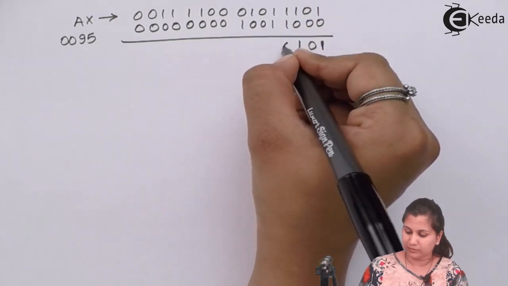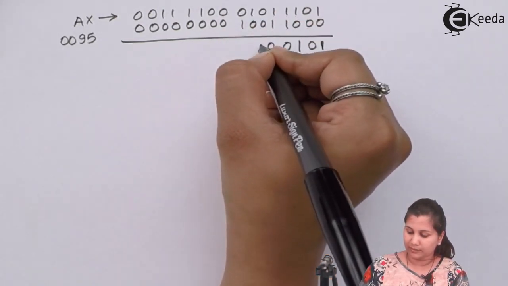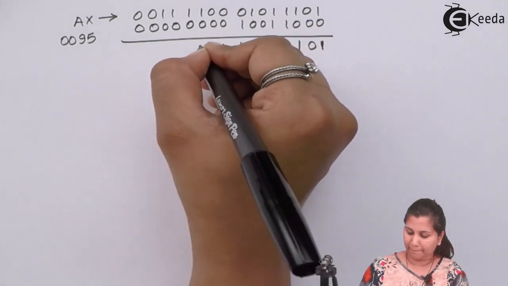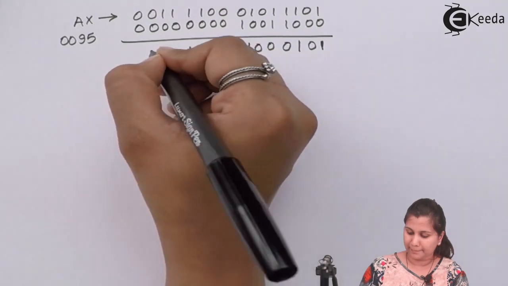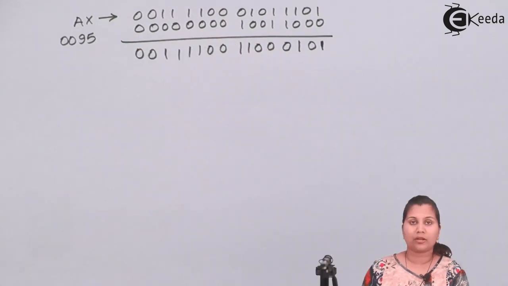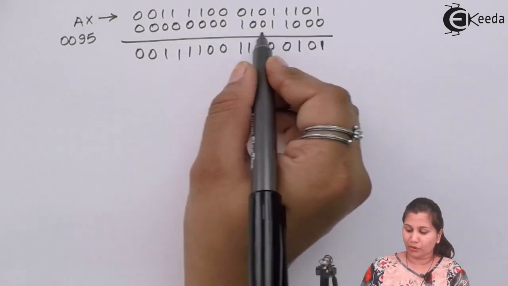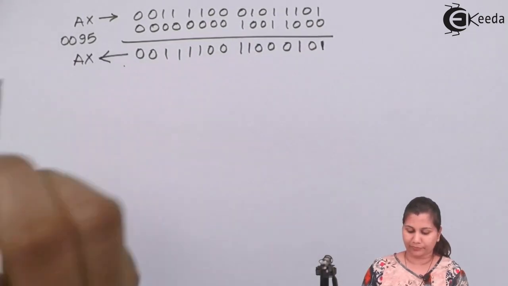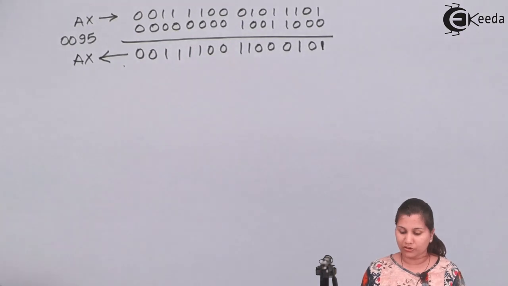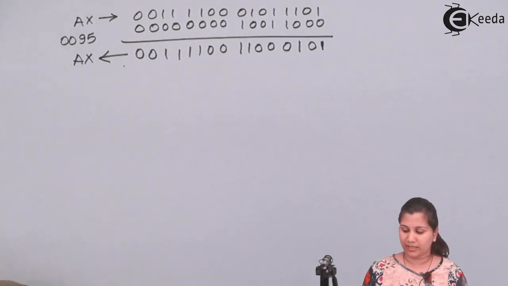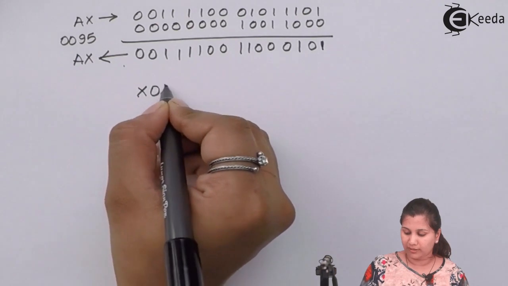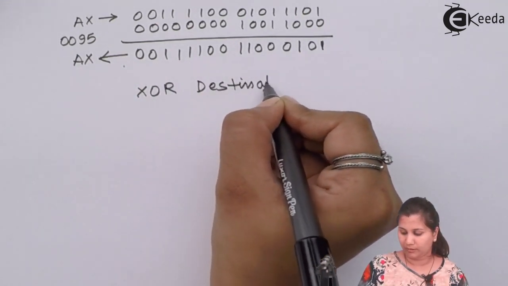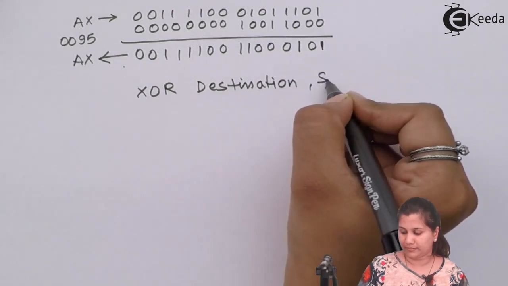For 1 and 1, similar. So this will be the result of this operation, and it will be stored in the AX register. So this was the logical XOR operation. We write XOR, then the destination and the source.